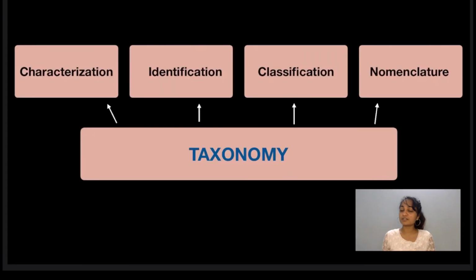It's important to note that everything we have been discussing so far, that is identifying organisms, nomenclature, classifying them, looking into their different characteristics, all of these processes form the background for how you would go about the process of taxonomy. You need to know how to characterize them, how to identify them, what grouping categories you are using, and how you name them, what rules you are following. So it forms the foundation for our process of taxonomy.